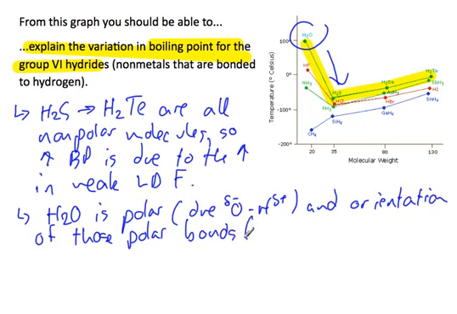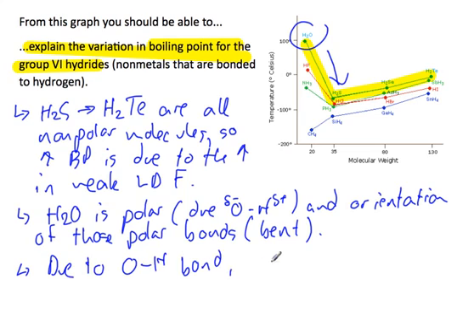And so that bent geometry is an asymmetrical geometry, and it will give rise to polarity in the molecule if the bonds are polar. So H2O is polar due to that bond and the orientation of molecules, and because it's OH, you get strong hydrogen bonds.